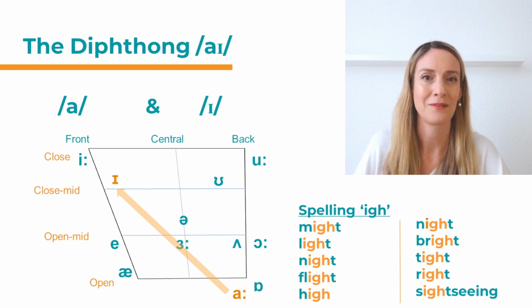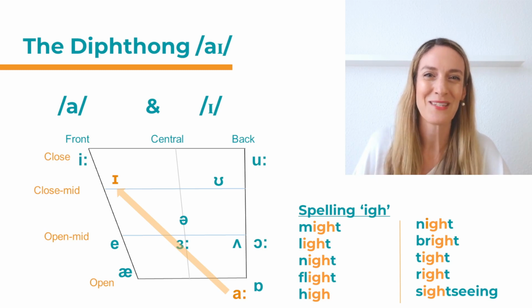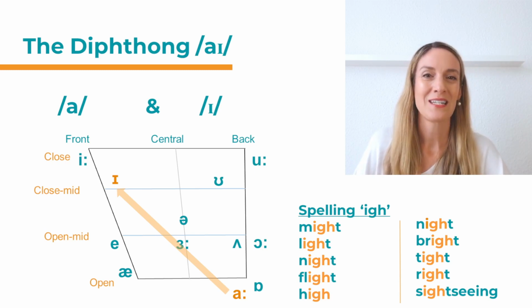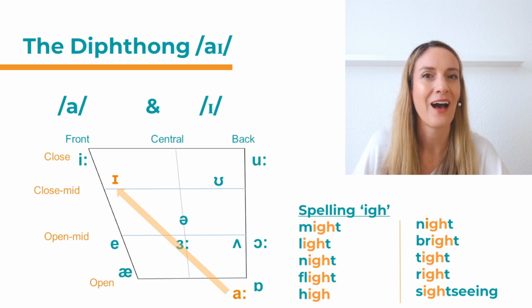For example, might, light, night, flight, high, night, bright, tight, right, sightseeing. And I just realized we have night twice here. That was my mistake. All of those words are spelled with IGH, and the IGH is one sound, the diphthong /aɪ/.